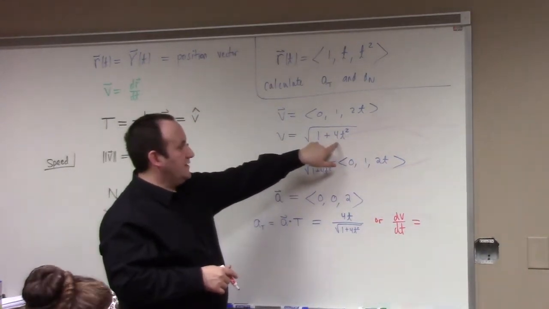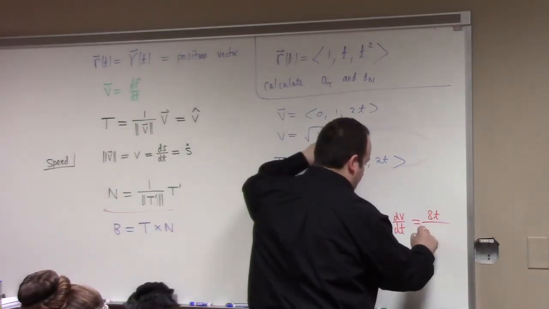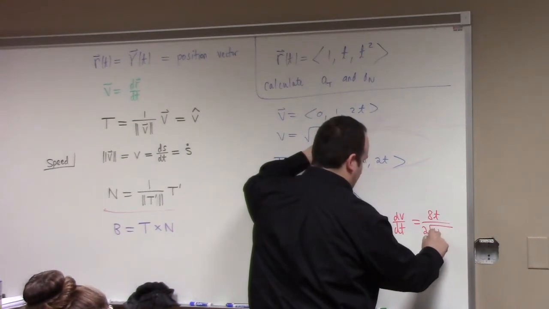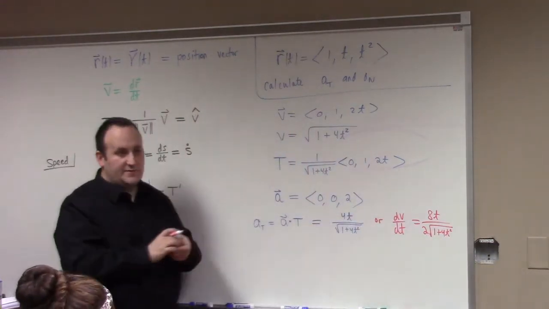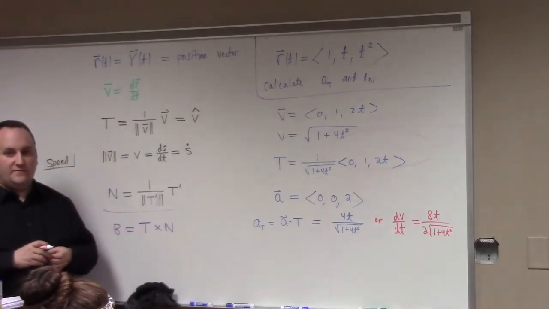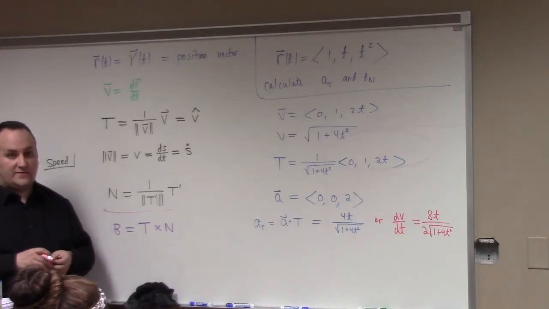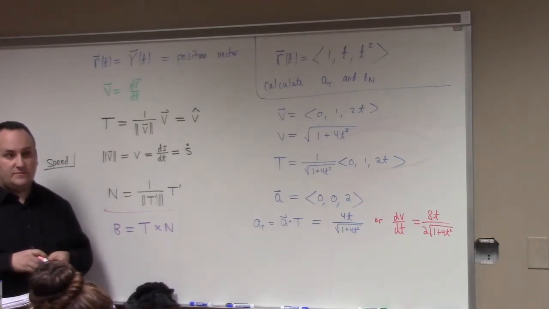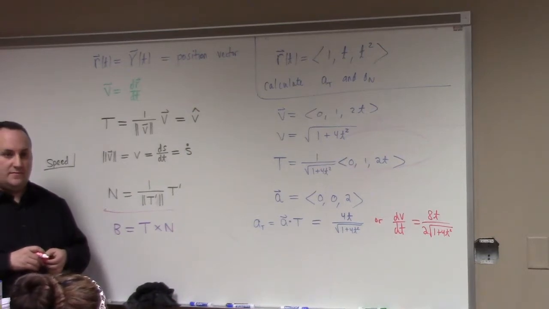Chain rule says what? 8t divided by 2 times the square root of 1 plus 4t squared. Hey, well, you know, math works. These are very different calculational paths, are they not? The dot product versus the derivative. Which one's easier for a given problem? I don't know.